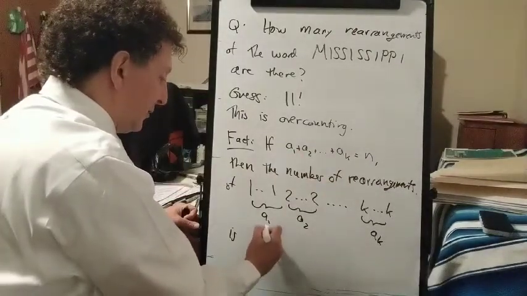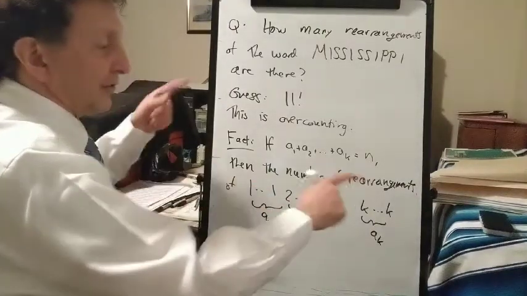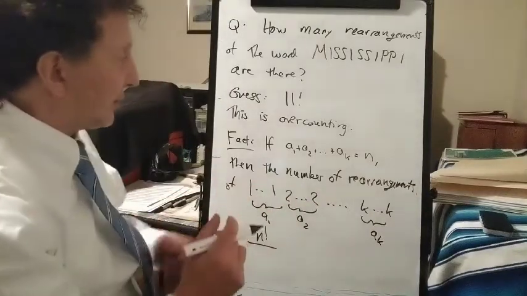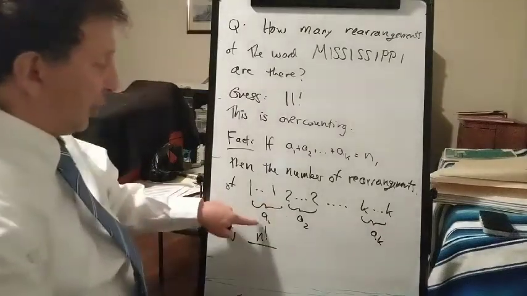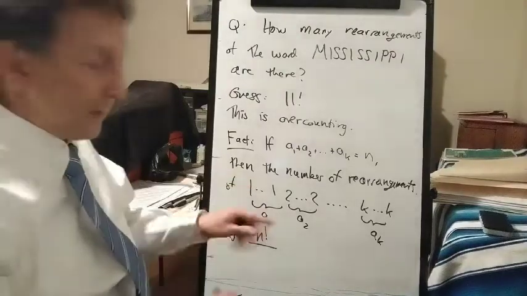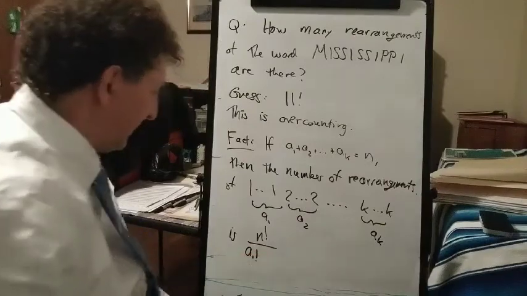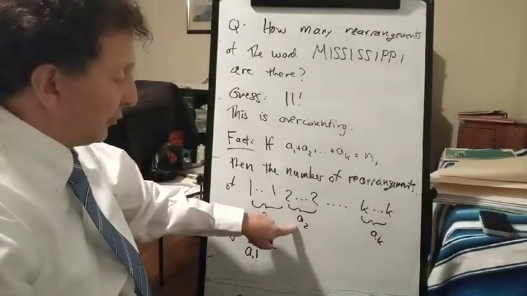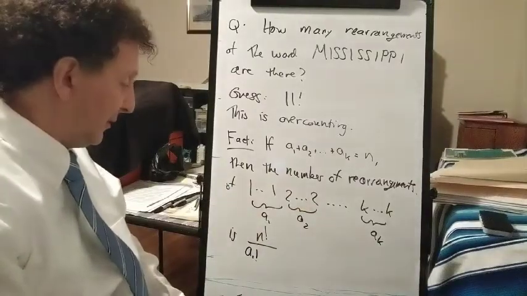N factorial is our guess because there's that many permutations of this many distinct symbols. But then we have to correct for overcounting. Whenever there's a repeated symbol, all A1 factorial permutations of the ones don't make any difference. So we'll divide by that. And then all A2 factorial permutations of the twos don't make any difference.